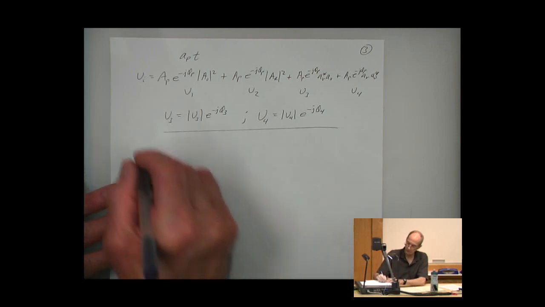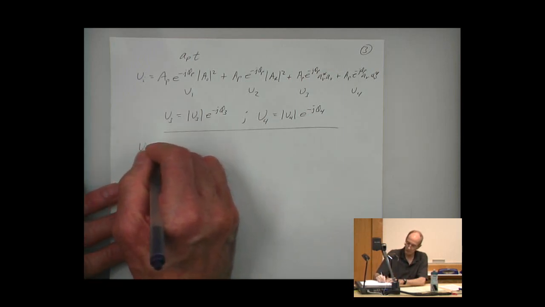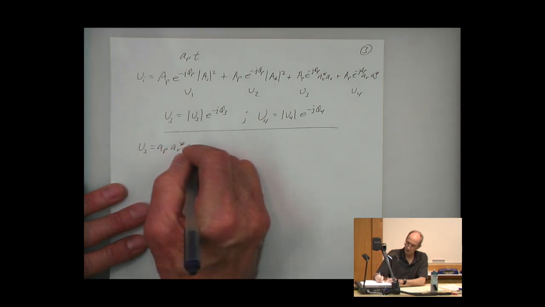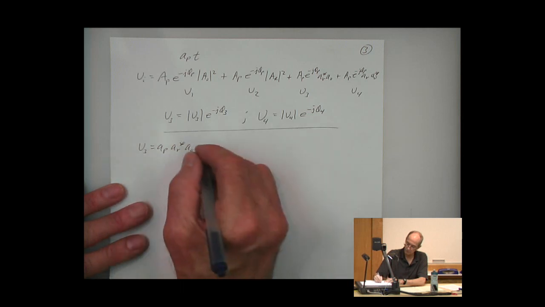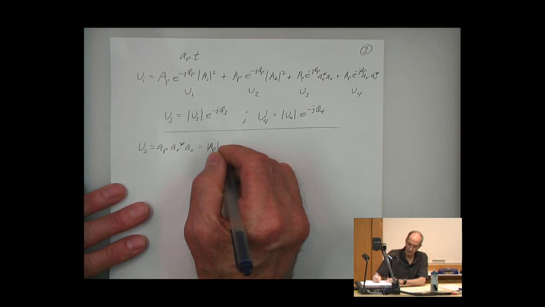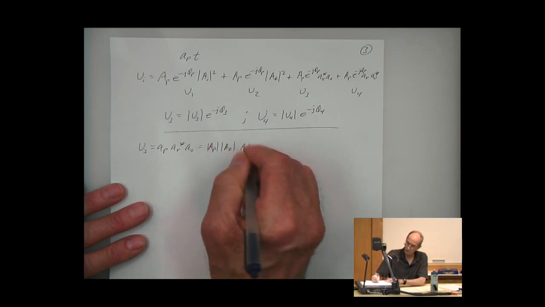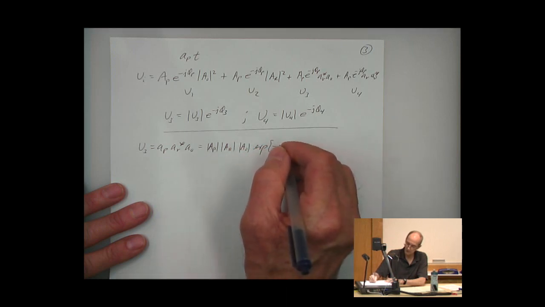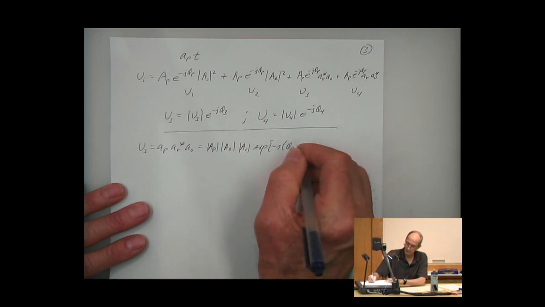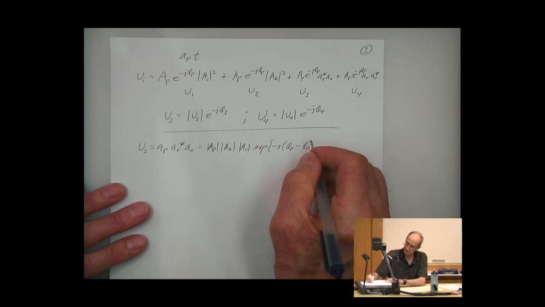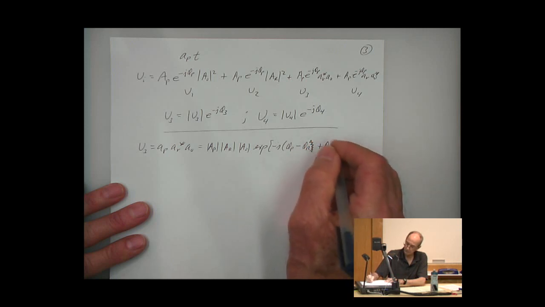And so what do we have for those? Well, we have U3 equals A_P A_R star A_O. All these are sort of complex. And so we have A_P A_R A_O, and then exponential of minus j times phi p minus phi r plus phi o.